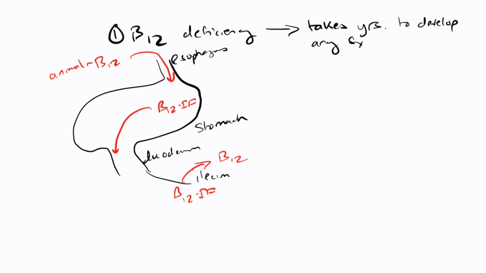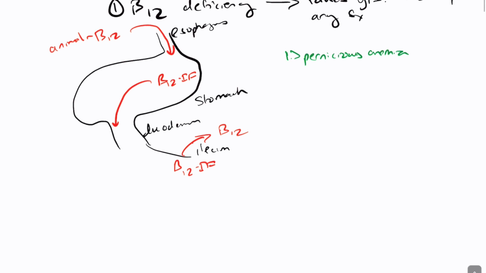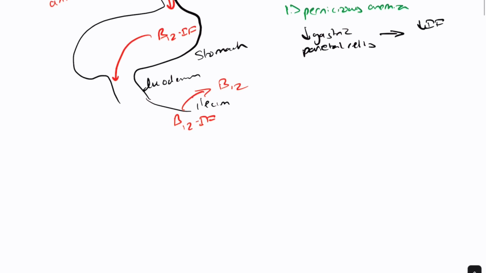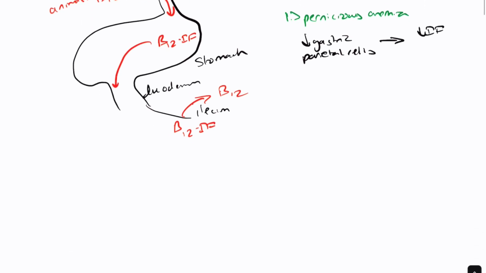Anytime you see B12 deficiency, one clinical association you should consider is pernicious anemia. These clinical associations have different pathophysiologies. In pernicious anemia, there are decreased parietal cells within the stomach, which means they won't produce intrinsic factor. Parietal cells produce intrinsic factor, which is important for B12 absorption.